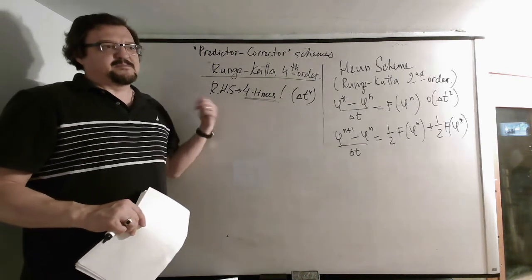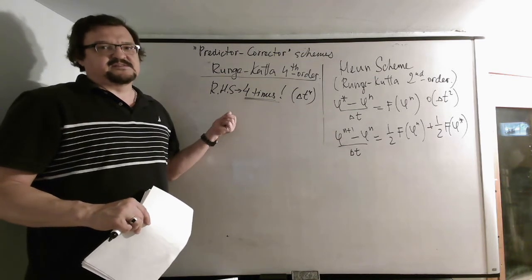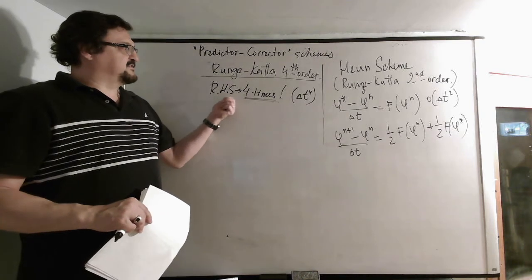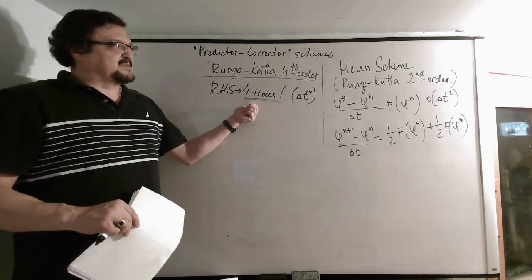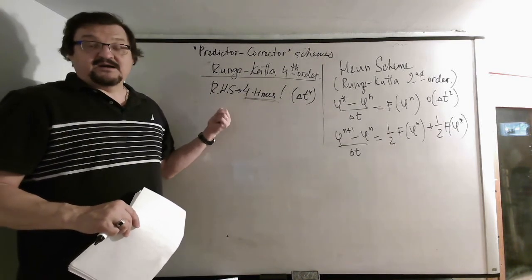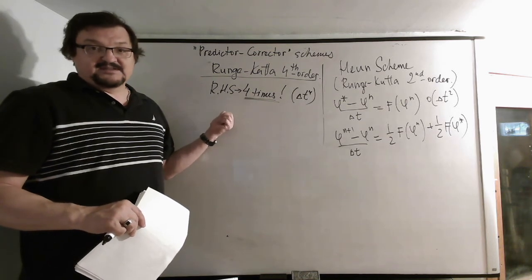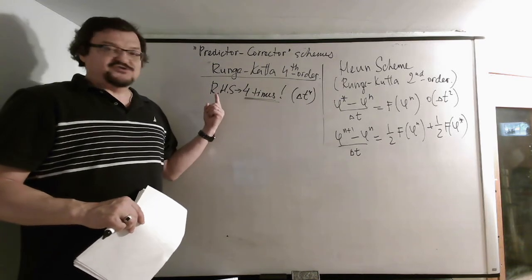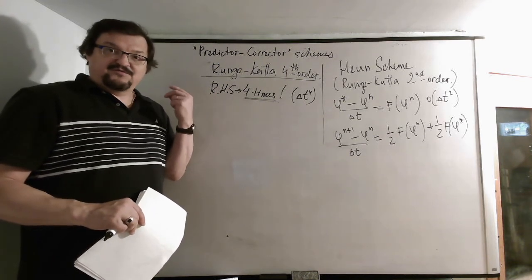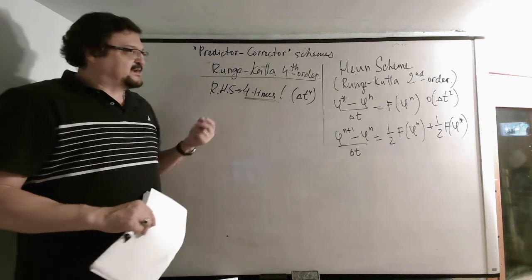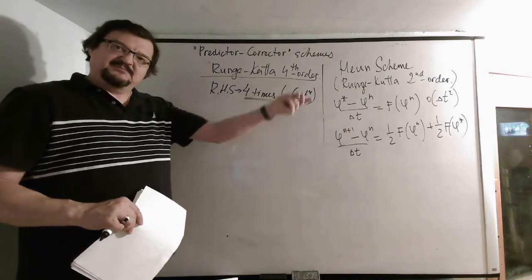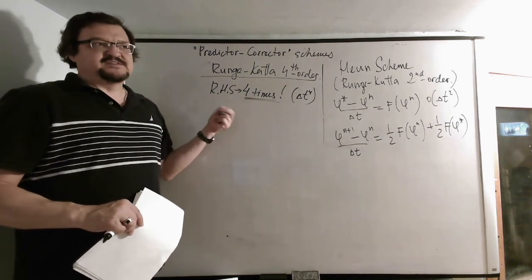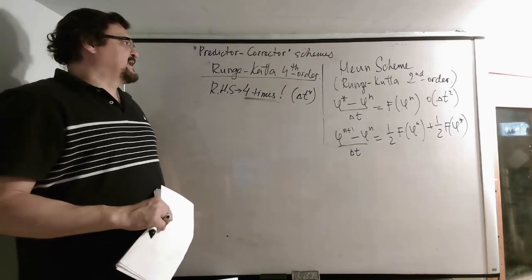So because WRF is a compressible model, it has a very strong restriction on the time step, and Runge Kutta first order allows you to use a Courant number of about 2 and even slightly higher. So instead of 1 for upstream bias, you can actually use a Courant number of 2. So your time step can be twice as long, but still, because it's controlled by sound waves, it's still a pretty small time step.